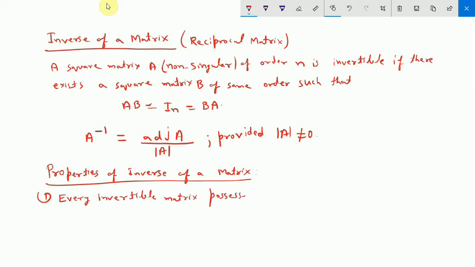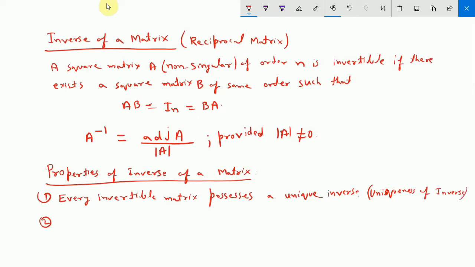See, this first property is also called uniqueness of inverse.